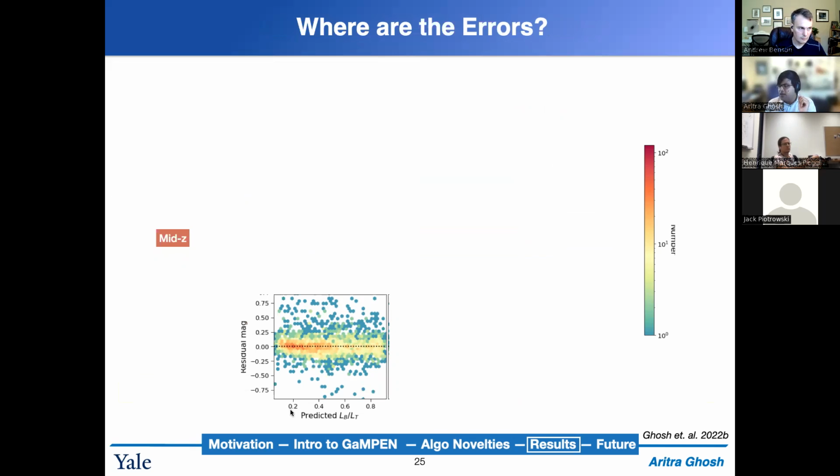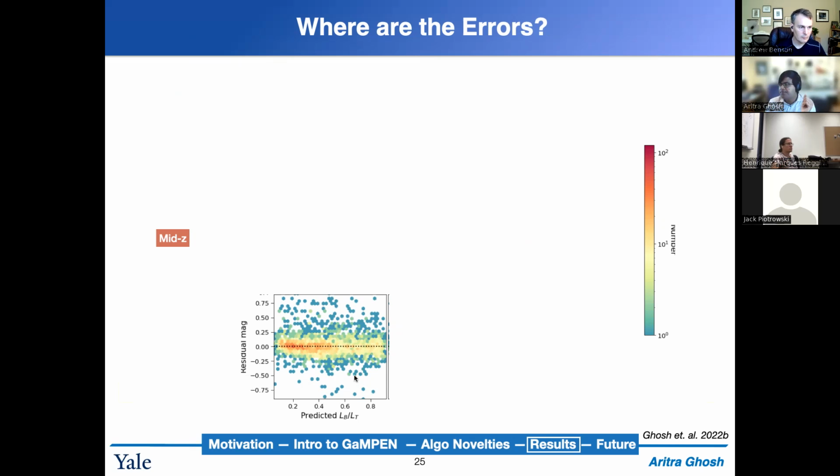On the x-axis, I'm showing the predicted parameter, for example the predicted bulge-to-total light ratio, and on the y-axis, the residual magnitude. Essentially, what is the difference between what the neural network tells me and what I determined from profile fitting? In an ideal case, there's no pattern, and it should look like this, all centered around the y=0 line.